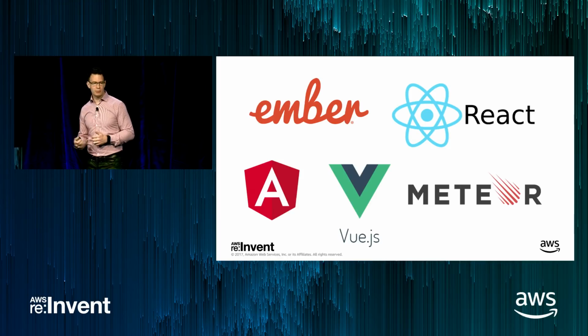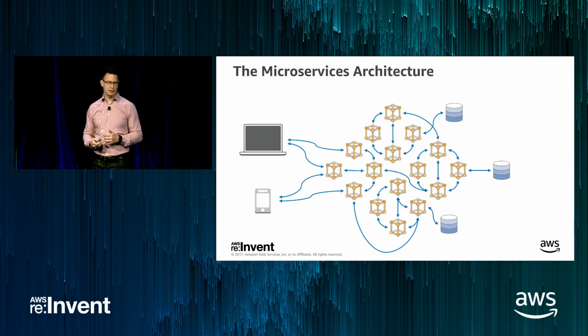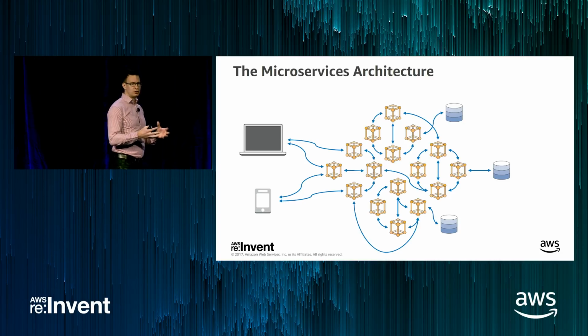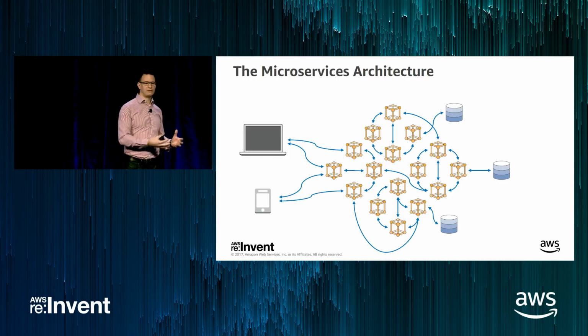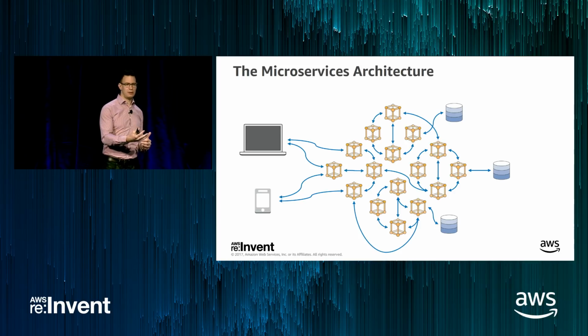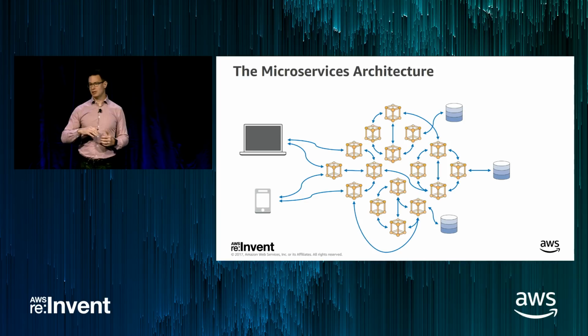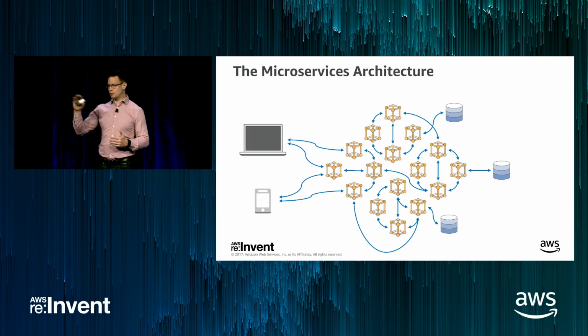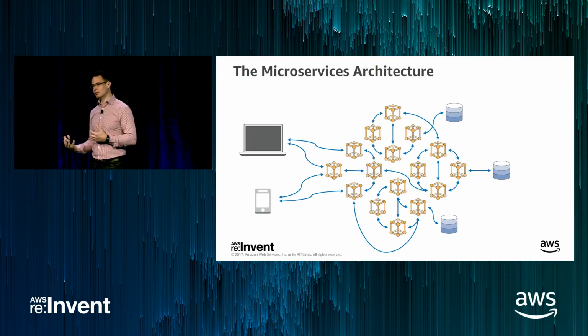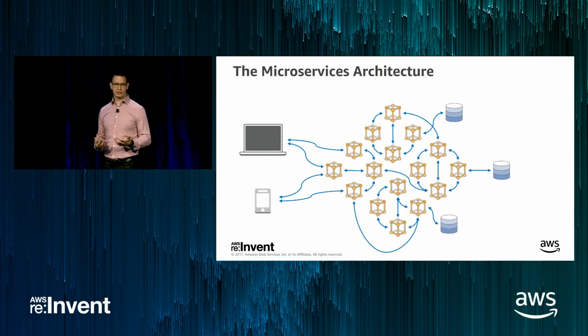There's many popular frameworks to help you do that. So now if you can imagine your user interface running on your user's browser, either in their mobile device or on their desktop. Now I haven't drawn in this diagram the static content, but you just assume that's still there. I'm diving deeper now into the actual dynamic content and showing how we can break that down even further using microservices.